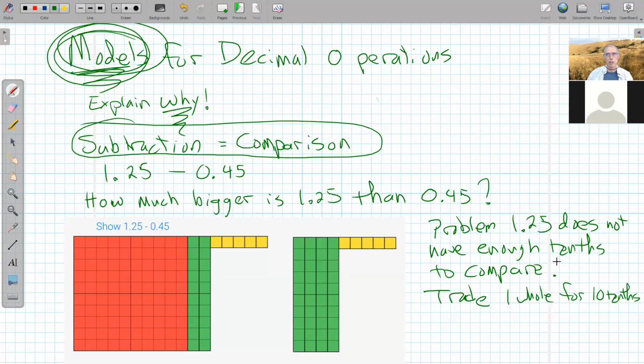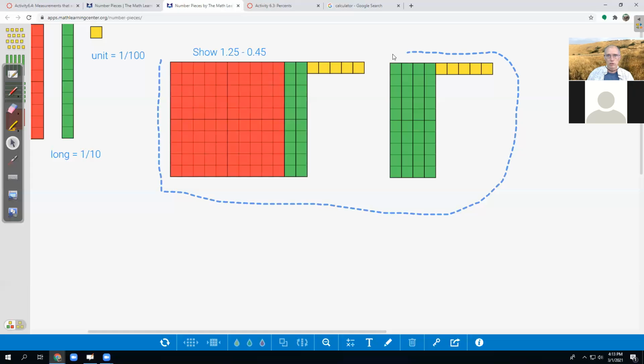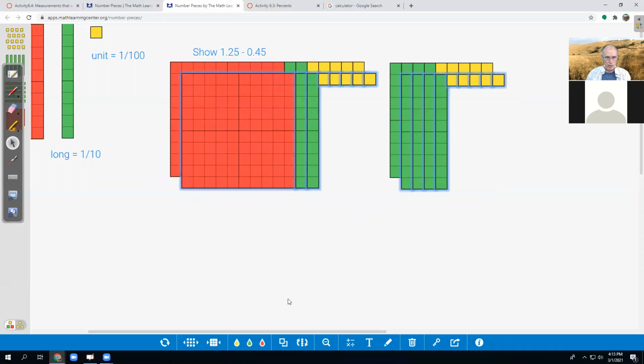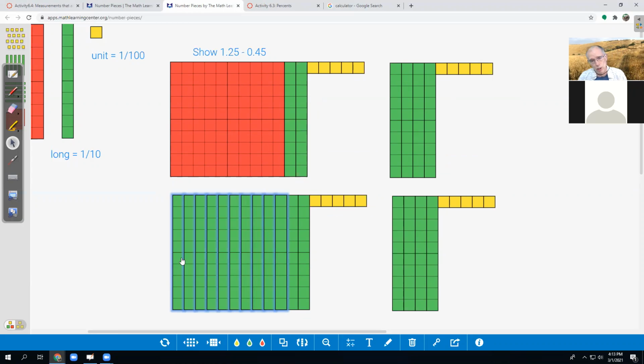Otherwise, I can't continue the comparison. I'm going to make a copy of these and duplicate the button there. Then I can take this one and just break it up. I still have 1 and 25 hundredths. I'm now looking at it as 12 tenths and 5 hundredths, because then I can compare these.